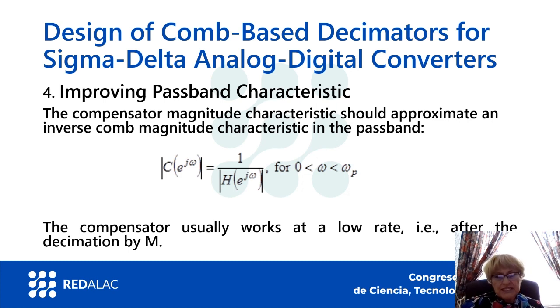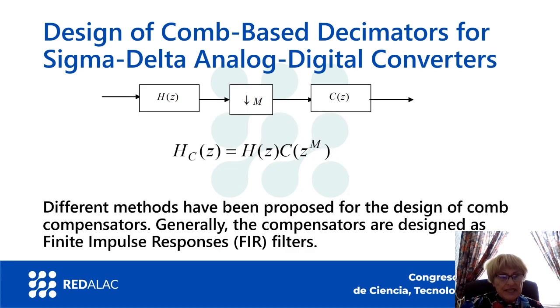The compensator usually works at a low rate, that means after the decimation by M, as shown here: here is the decimation filter, downsampling, and here is the compensator. Using the multi-rate identity, we can write the system function of the compensated filter as H of z times C of z to the M.